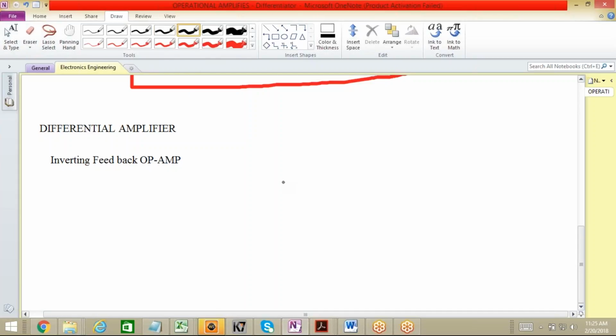It is something like, let's say, minus, plus. Okay. So we are talking about the inverting, so it is very obvious that this plus should be grounded. That means the voltage which is supplied to this particular input should be 0, right? And we are going to supply a voltage to the negative terminal, which must be associated with a resistor here.